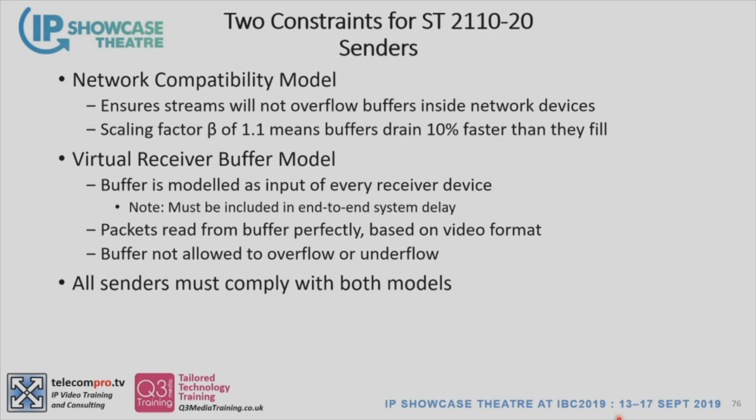That tells us how quickly the packets are being absorbed at the far end. Now, this particular buffer, we never want it to overflow, but we also never want it to underflow. So this has different constraints on it, but it's balanced perfectly to the exact video rate. So if our sender obeys the network compatibility model and the virtual receive buffer model, then we will have a system that's compliant to the standard.